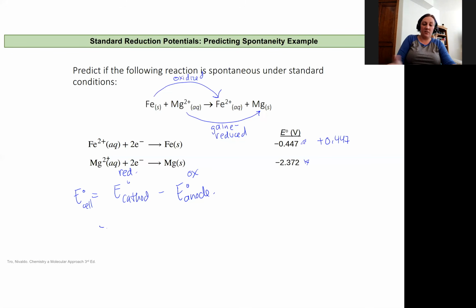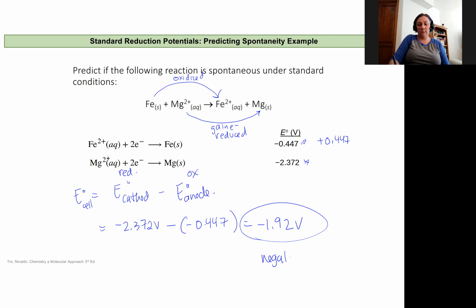So the cell potential is going to be that negative 2.372 volts minus our reduction potential for our iron, which is negative 0.447. This is going to give us a value of negative 1.92 volts. So this is a negative value. It's going to be non-spontaneous.